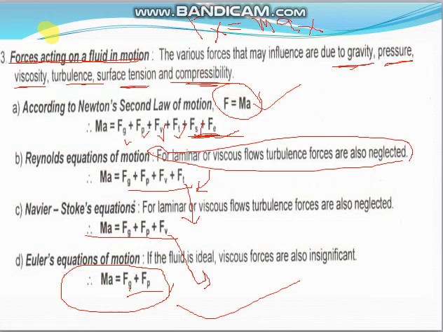From these only, Bernoulli's equation is derived. So these are all about that. In Euler's equation of motion, if the fluid is ideal, the forces acting are gravity and pressure only. This we need to understand here.